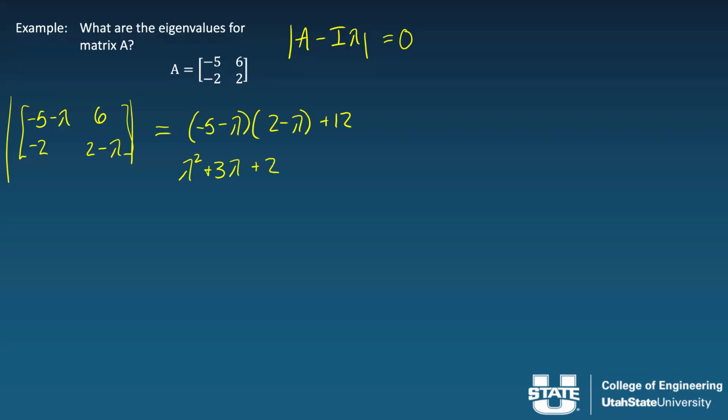And then from there we can factor our lambdas, and then we get lambda plus 1 and lambda plus 2 will create that polynomial. Therefore, our eigenvalues are -2 and -1.